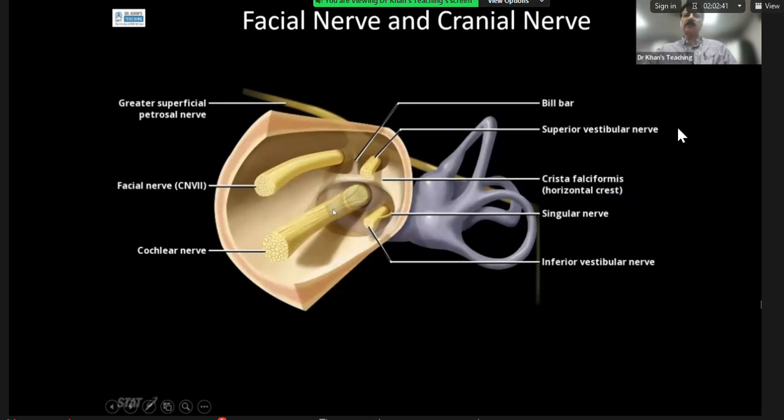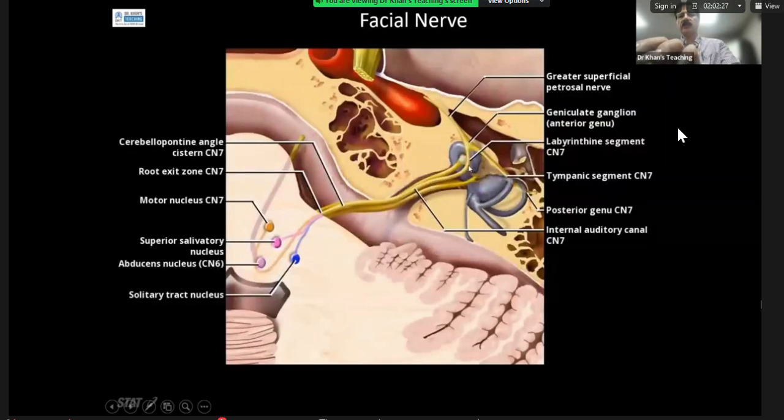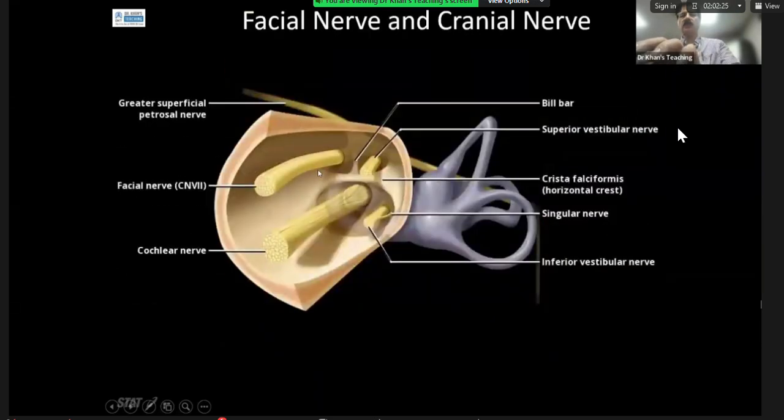As I was telling you, they can be seen on an MR, and this has been asked in the examination. There are 4 nerves. Anterior superior quadrant is the facial nerve, common sense, because it is at a higher level. So this is the facial nerve. Anterior inferior quadrant is the cochlear nerve. It comes out from the cochlea.